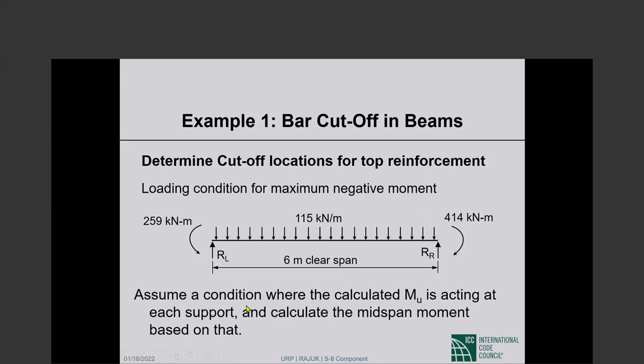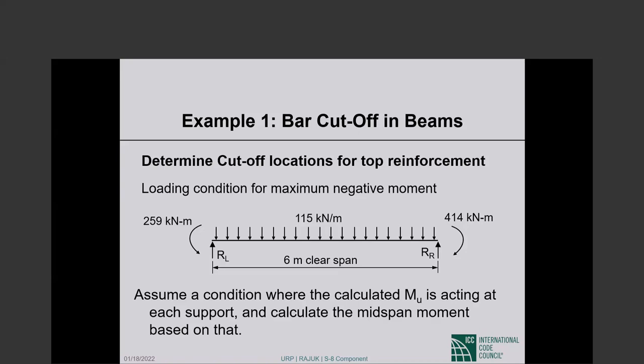Okay, so assume a condition where the calculated M sub U is acting at each support and calculate the midspan moment based on that. So 414 and 259, the calculated moments are, assume a condition where the calculated M sub U is acting at each support and calculate the midspan moment. That's what we are doing here.